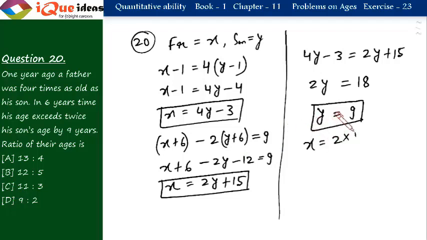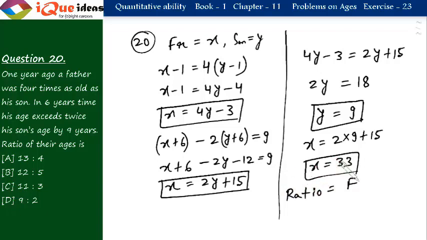That is 18 plus 15, which is 33. So the father's present age is 33 years and the son's present age is 9 years. Now the question is saying ratio of their ages. So ratio of father and son would be equal to 33 is to 9, which is 11 is to 3. So the answer of the question would be 11 is to 3.